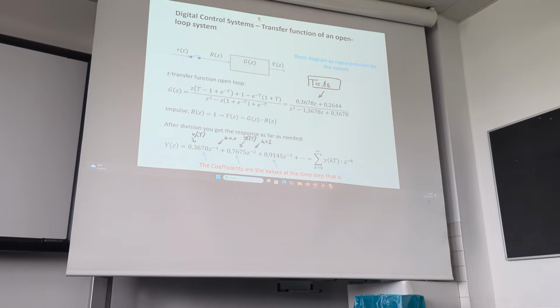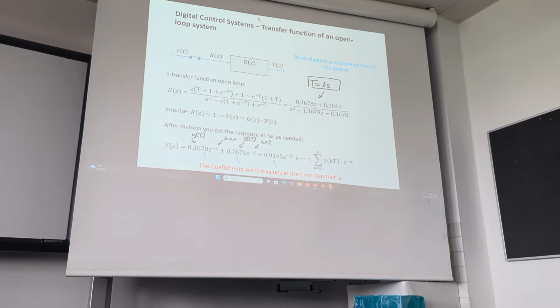So you can think of the exponent as a position marker, and the values are the values at this time. That's the multiplier of the capital sampling period T equal to 1 second that we decided to be 1 second here. So this is the value after 1 second, 2 seconds, 3 seconds, 4 seconds, and so on. And you can continue this polynomial division forever, and then you get an infinite sequence of values, which is your step response.